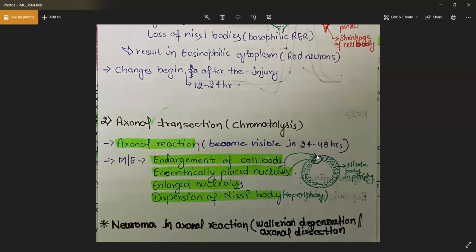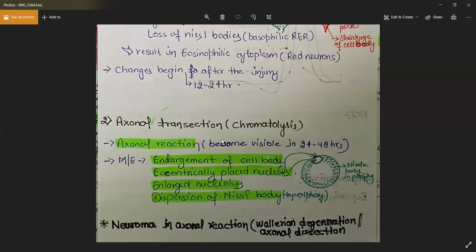I will see the eccentrically placed nucleus. I will see the peripheral distribution of the Nissl bodies. I will see the swelling of the cell body, right? So whenever you see the swelling, you will think about axonal dissection or transection. Whenever you hear about shrinkage, you will only think about ischemic damage. Is that okay?